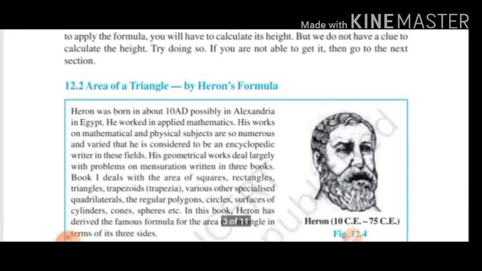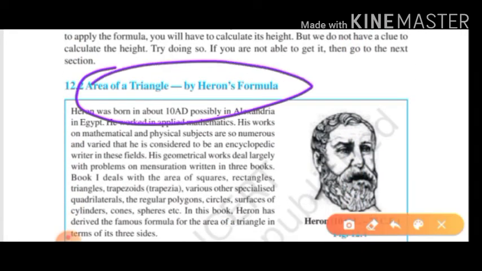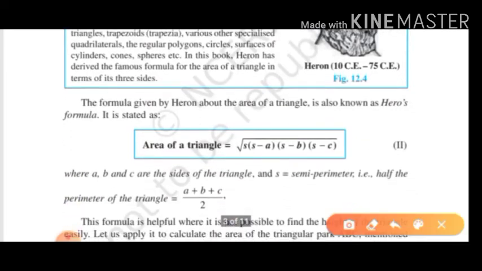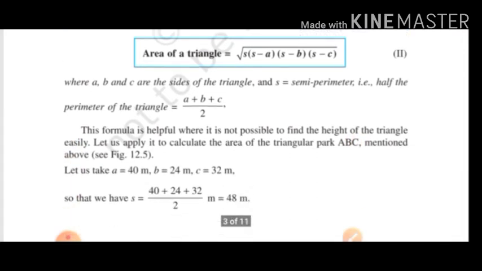So Heron gave us this formula, known as Heron's formula, and with the help of this you can always find the area of any triangle if you know the three sides of the triangle.